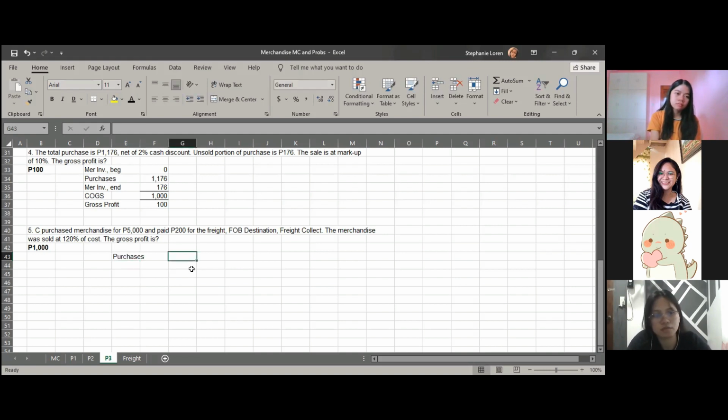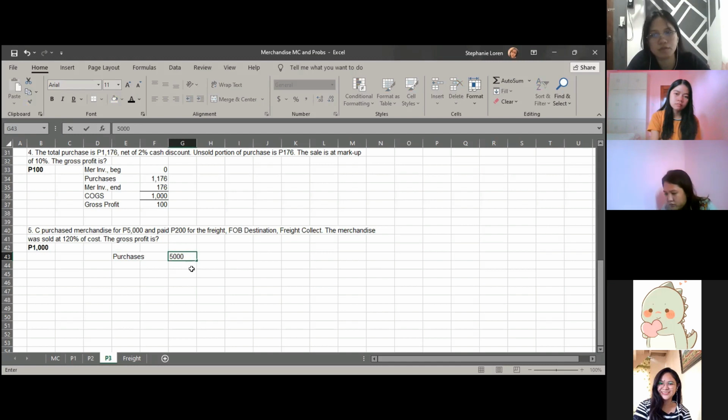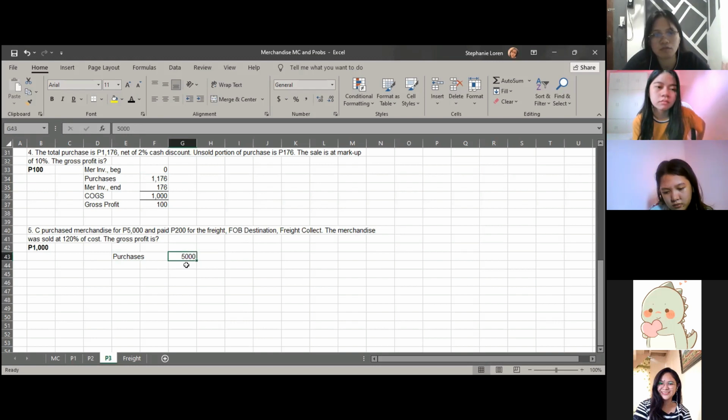So your purchases is 5,000, assuming it is equal to your cost of goods sold na walang merchandise inventory beginning and walang merchandise inventory ending. Pag 0 yung beginning, 0 din yung ending, then your purchases is equal to your COGS. Di ba? Nag-equal siya. Assuming na equal siya, and nabenta mo siya without defect, without return, without discounts, yan yung cost mo mismo.